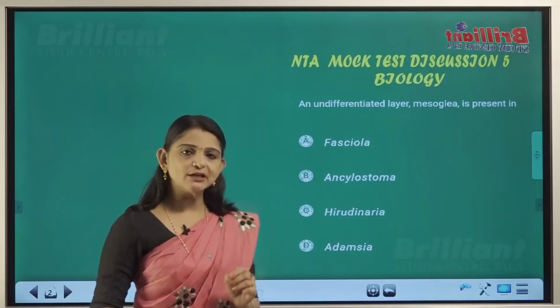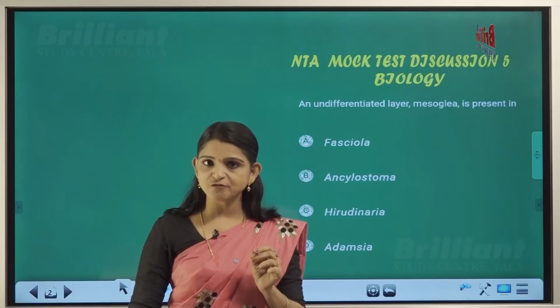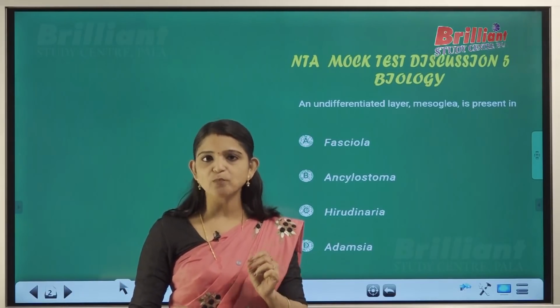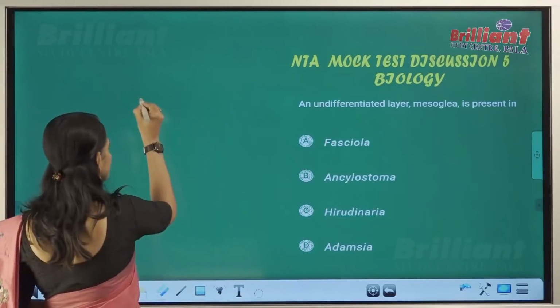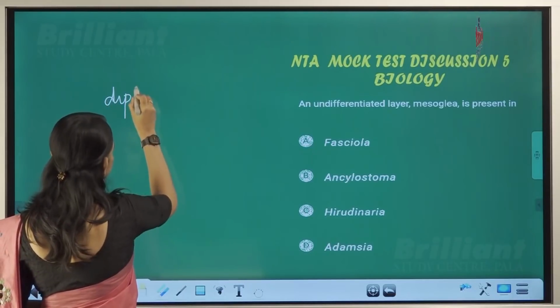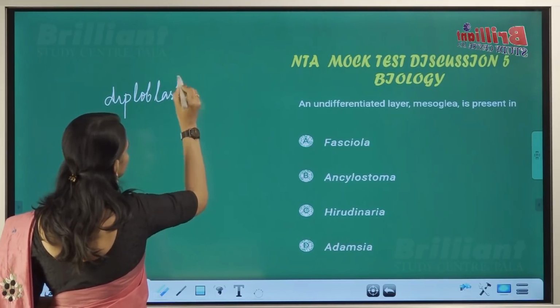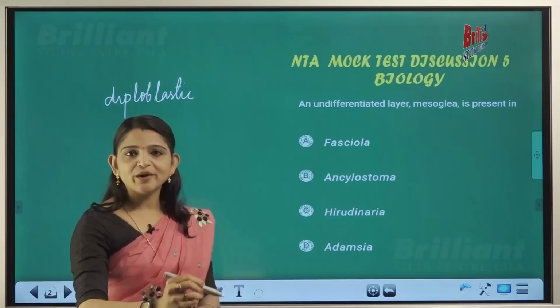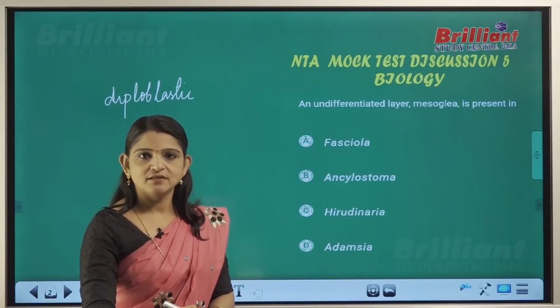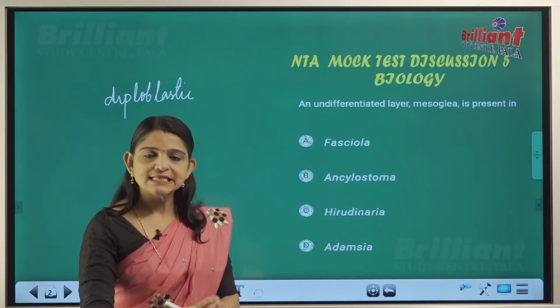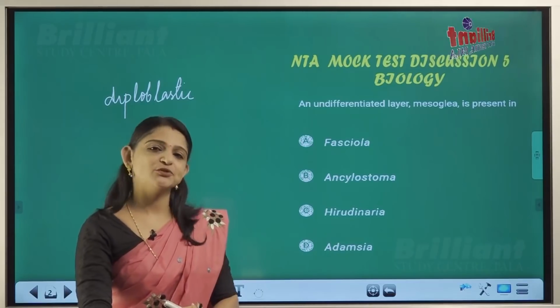So ectoderm and endoderm is the characteristic feature of diploblastic organisms. Diploblastic organisms will come under phylum Porifera, Coelenterata and Ctenophora.